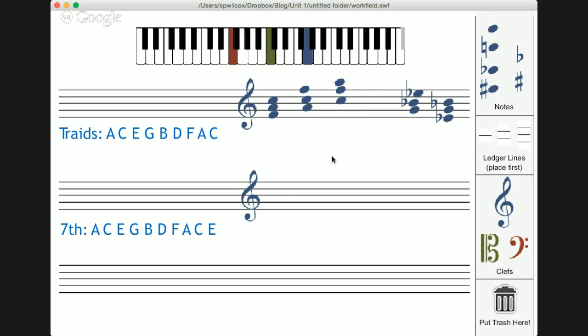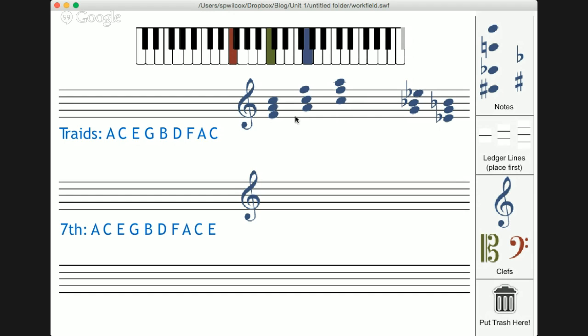So these are triads. These are our triad inversions. We have a root position. We have a 6-3, or sometimes just called a 6, and we have a 6-4, always referred to as a 6-4 triad.